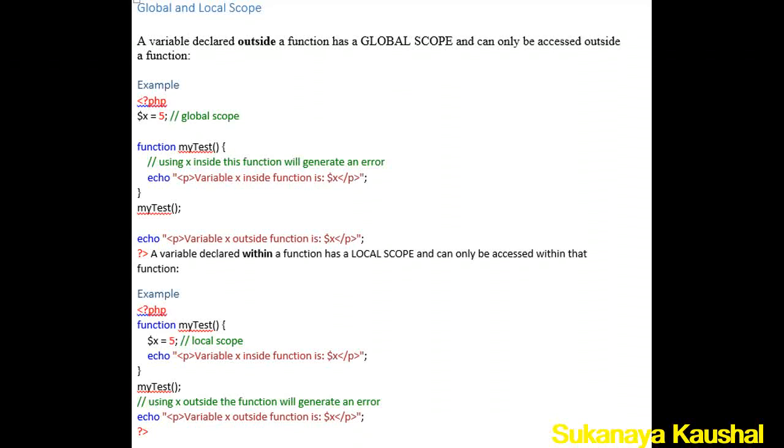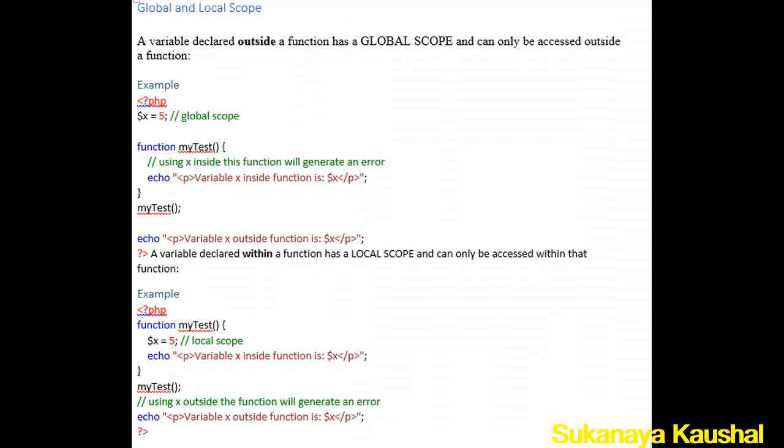Here we have a function with a function name, using a single-line comment, and echo, which writes without parentheses and prints the message. Next we call the function myTest, and with echo and a paragraph it shows the paragraph and prints the value.